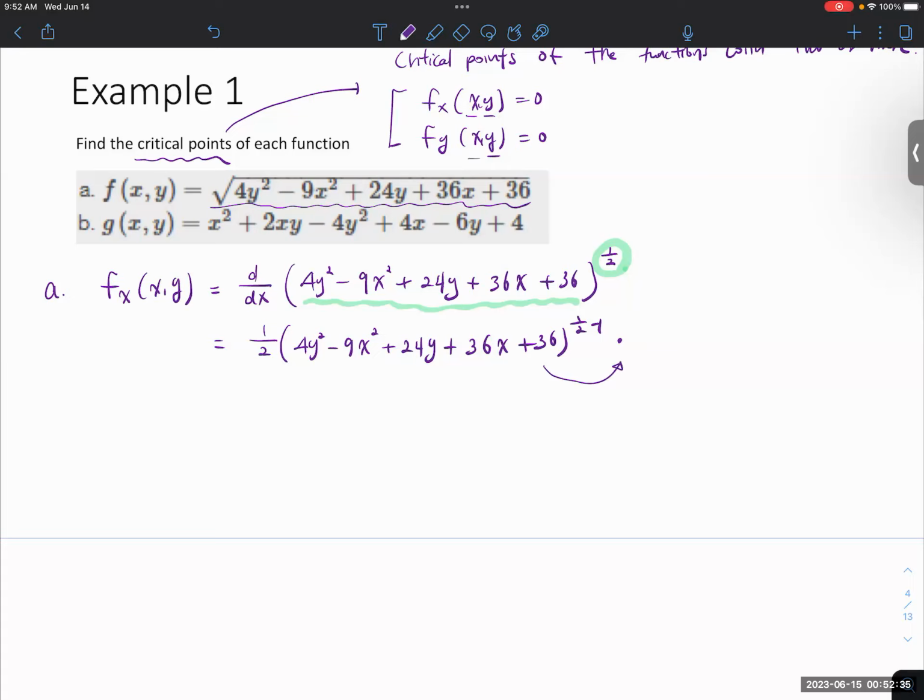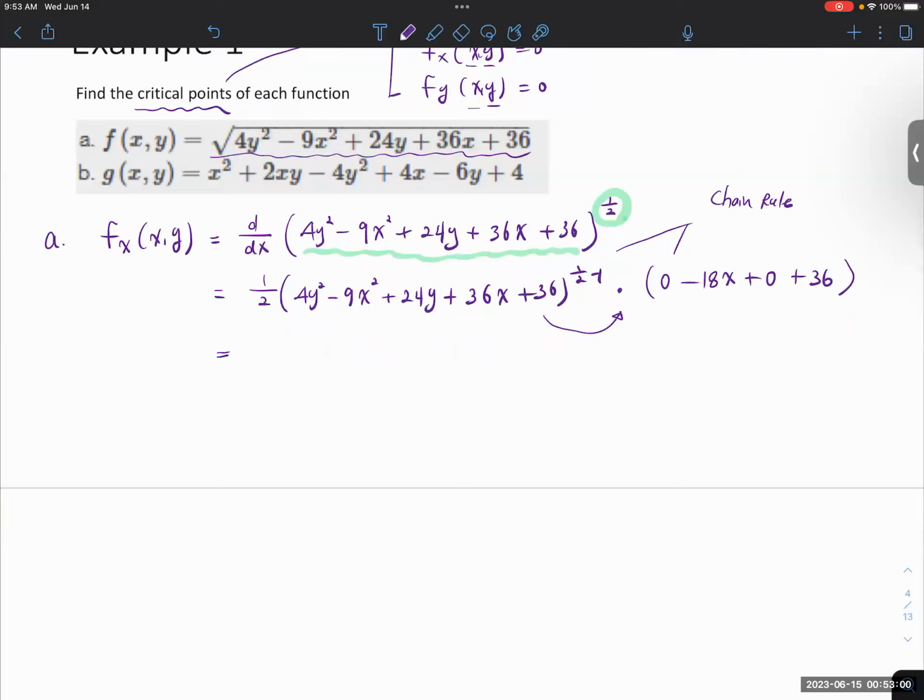Now you're going to take the partial derivative with respect to x. So y is going to be the constant, so that's going to be 0. 18x, the next one is 0, and then 36x will be 36, and 36 is going to be 0. So that's the inside and outside chain rule. I'm going to write it here. The chain rule has been applied. Let me reorganize them.